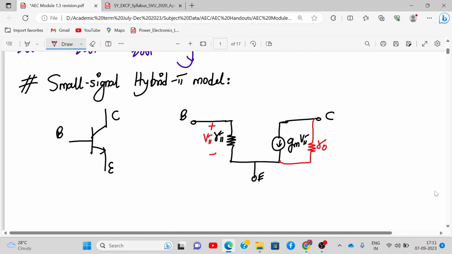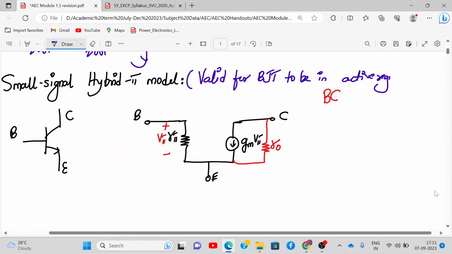Why is there nothing connected between base and collector? You remember, in the forward active region, this hybrid pi model is valid only for the BJT to be in the active region.